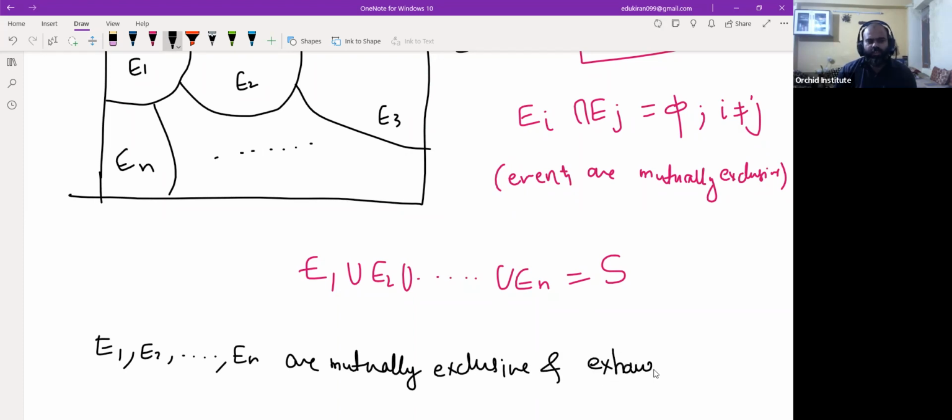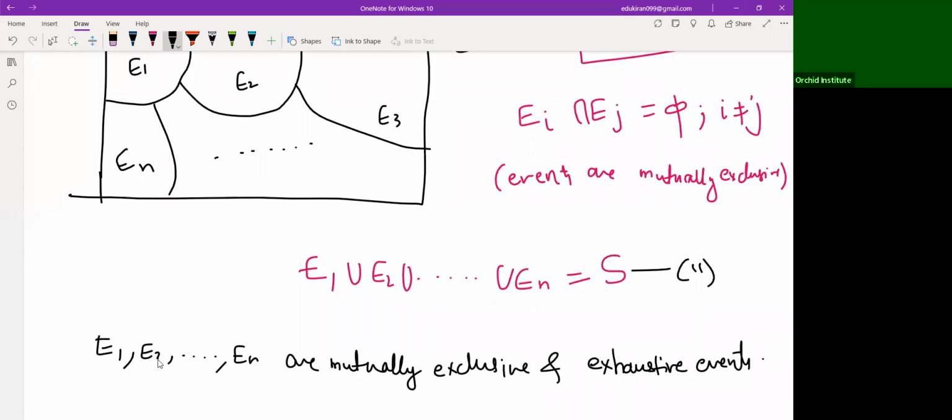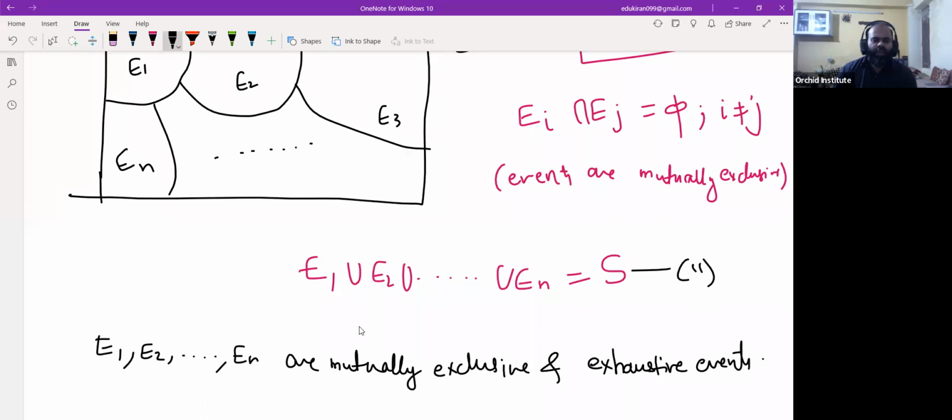The word exhaustive means that it is using the whole sample space. This second condition is exhaustive. So the intersection of any two is null and the union of all of these is the sample space. So these are mutually exclusive and exhaustive events, right?